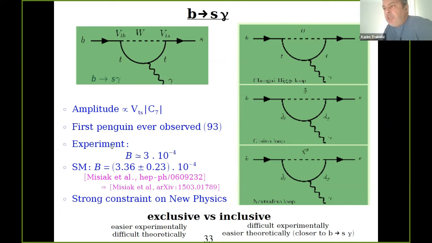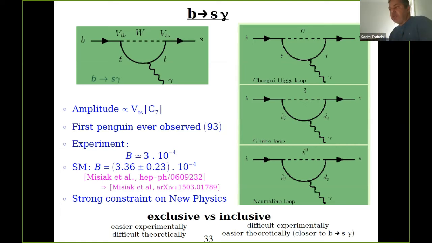And here, in an inclusive way, if you take the B to S gamma inclusively, so almost at the quark level, then the prediction coming from theory is more precise. You don't suffer. So what you say is you don't predict all the different decays, but the sum of the decays. This is much easier in some sense for a theorist, or at least they get rid of this limiting factor I was talking about, the hadronization.